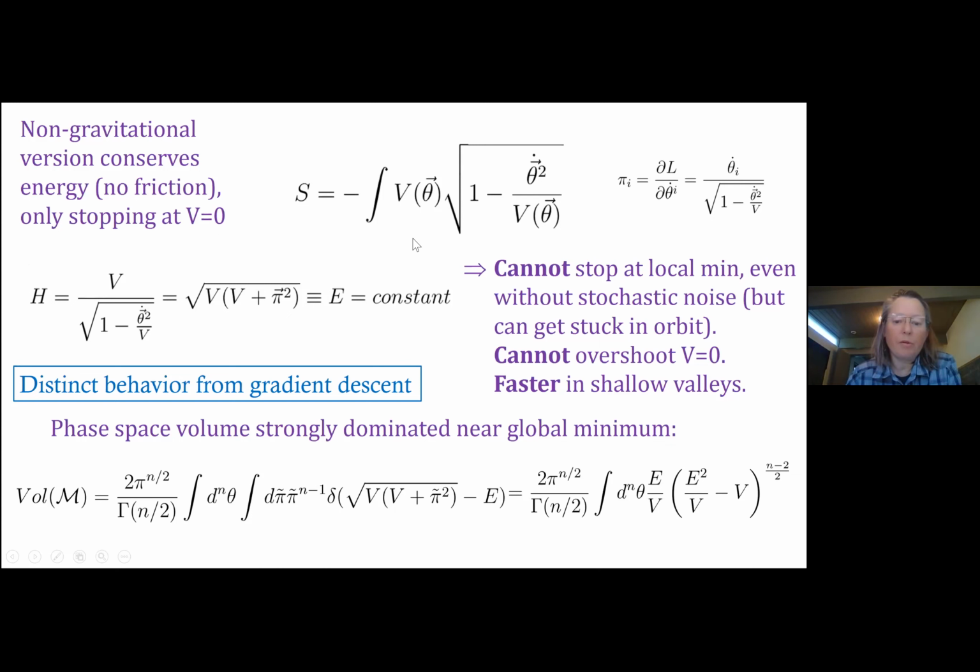There's also a property that this physics model has, which is going to be important, which is conservation of energy. So the energy in this problem takes the form I've written here in terms of the velocity on parameter space, theta dot, and the loss v. And in the continuum model, and we'll enforce this also in the discrete model, this is constant.